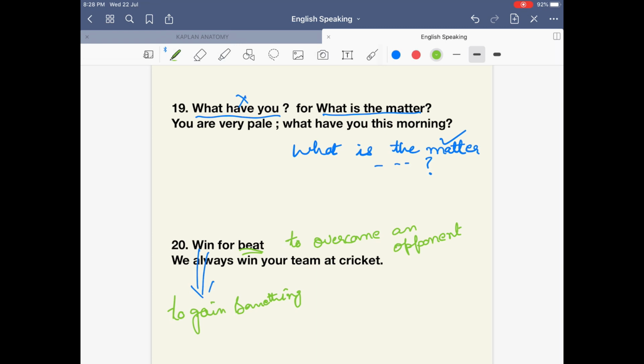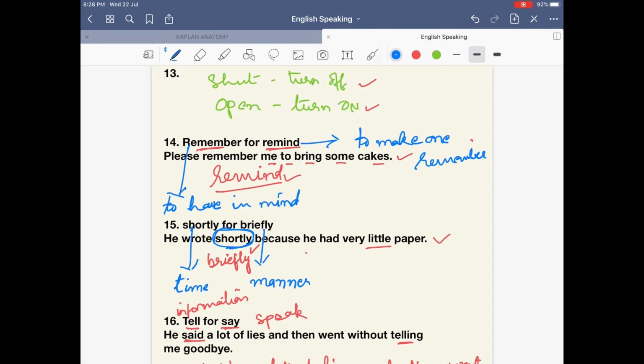So the sentence is, "We always win your team." No, it should be, "We always beat your team at cricket." This is the right one. Or you may say, "The girls beat the boys and won a silver cup, gold cup." So notice that to get a win and to get a beating are opposites. So we must consider the meaning first and then use these words. They really make a great difference in your speaking.